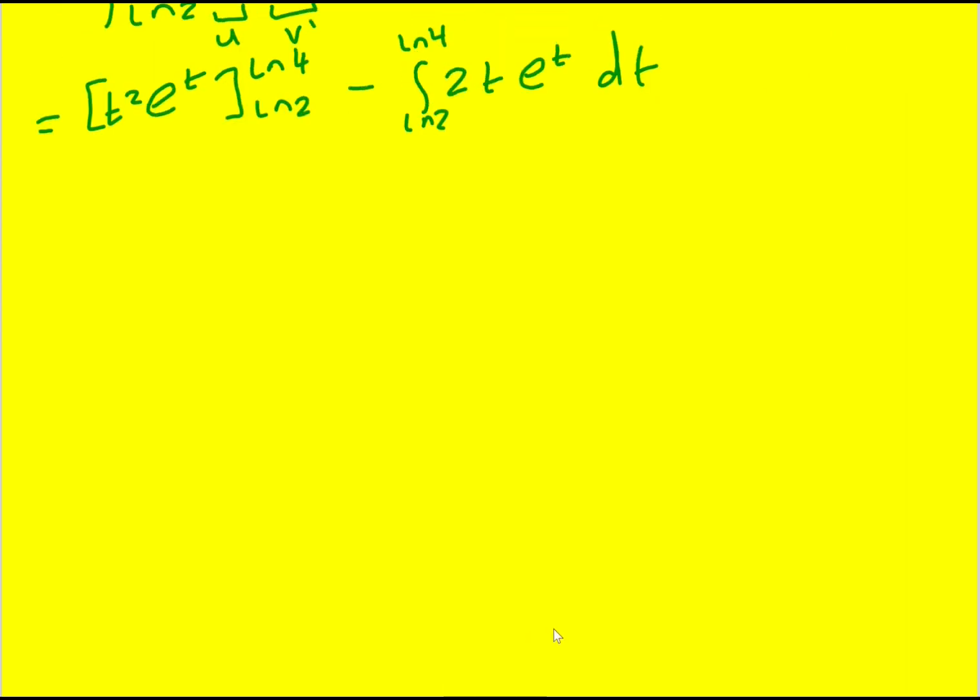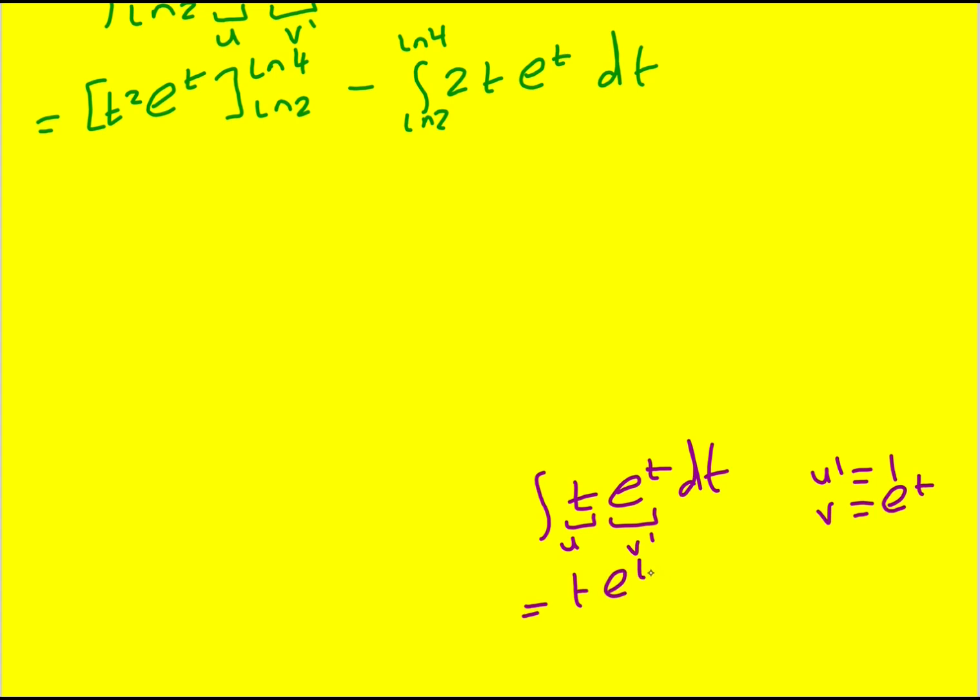Again, I'm just going to work that one out over here. I'll ignore the 2 for the moment. So I've got u, v dash, uv becomes t e to the t, u dash v becomes the integral of e to the t.